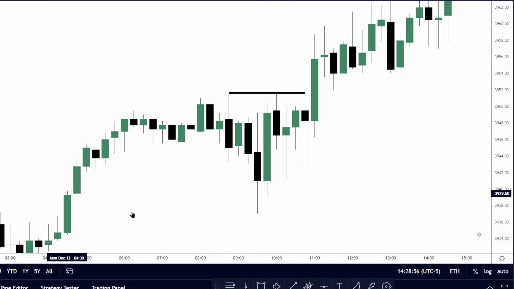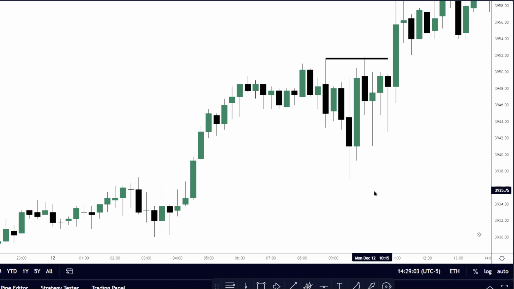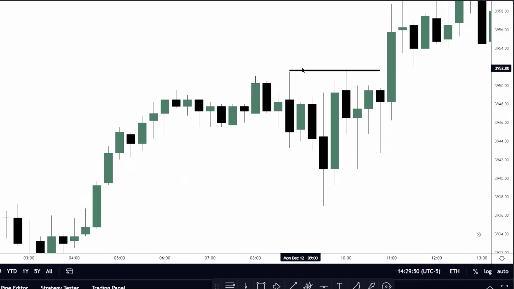Sorry, let's say you were in this trade, or you were looking to get long in this area. So price comes up, takes out the liquidity here, immediately drops down. It's filling this fair value gap that's right here. All right, it leaves the equal highs. Let's just move that out so we can see a little bit.